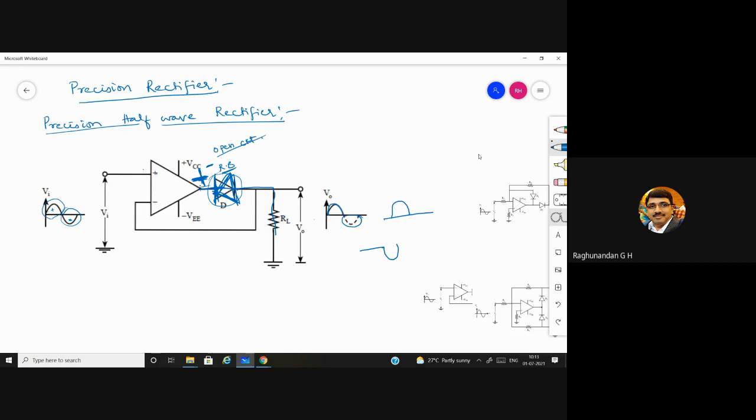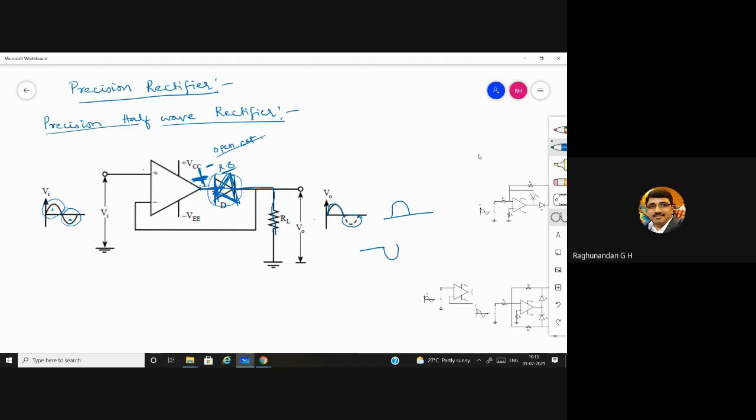This is how the precision rectifier works. Since we are using the op-amp, it turns on the diode below its cut-in voltage. It will not wait for the diode to get forward biased until the input crosses the forward voltage drop.